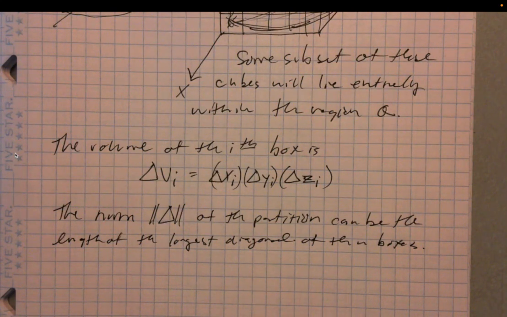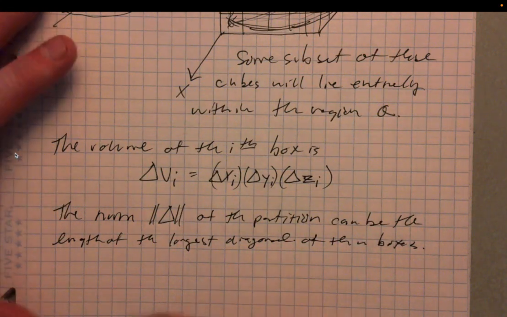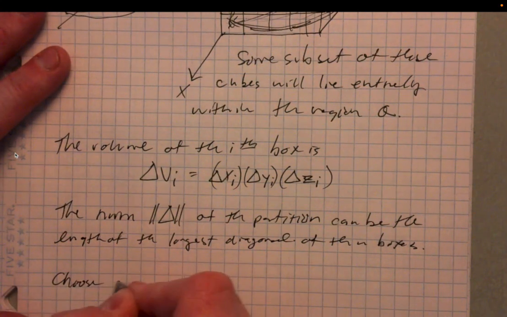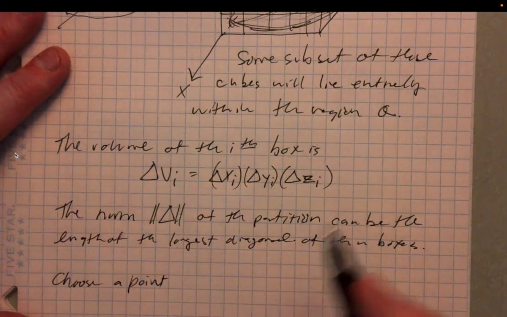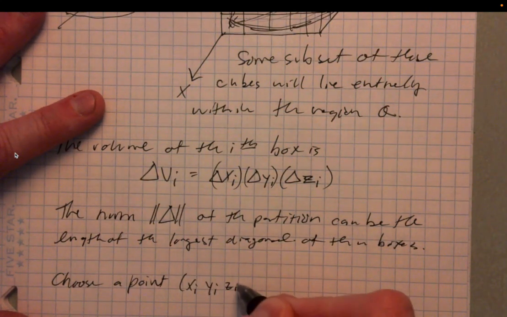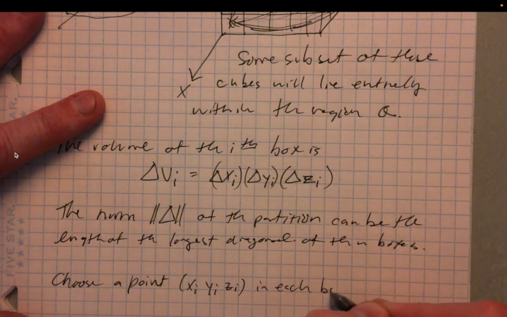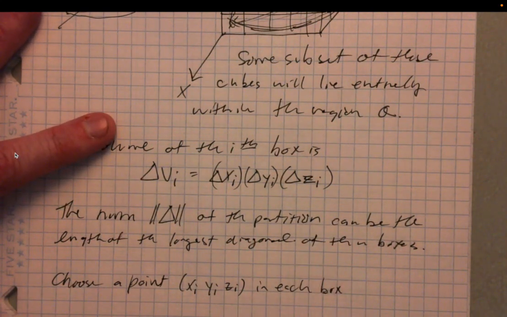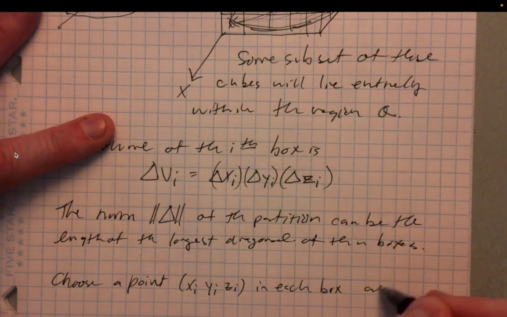And so what we can do is we can choose a point xi, yi, zi in each box, and we can form a Riemann sum.